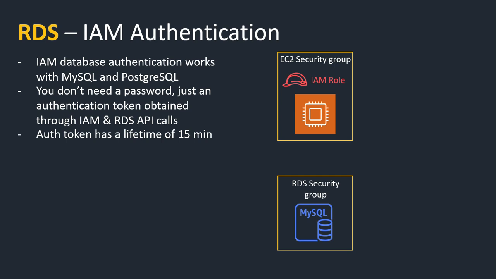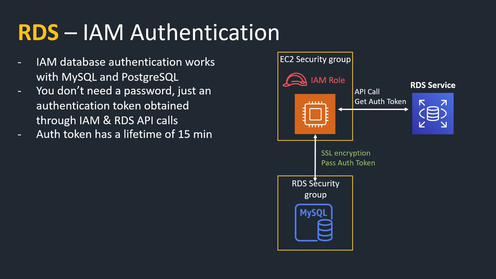But the idea is that the EC2 instance, thanks to the IAM role, is going to be able to issue an API call to the RDS service to get back an authentication token. And using the token, it's going to pass the token while connecting to the MySQL database, making sure the connection is encrypted, and then it will connect securely to the MySQL database.